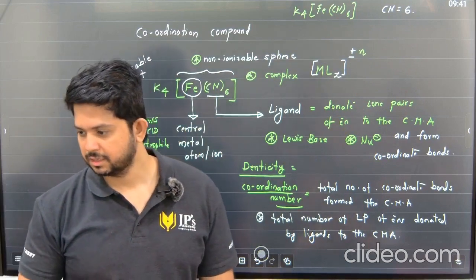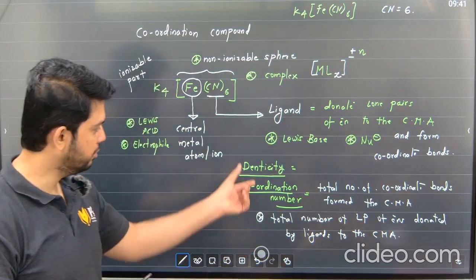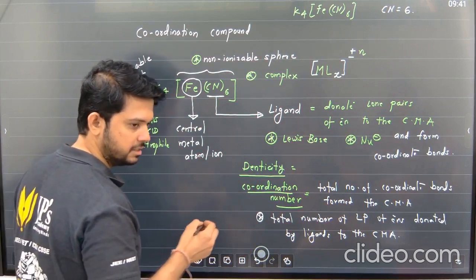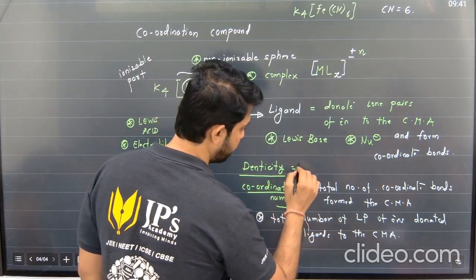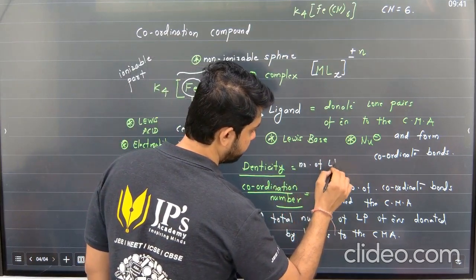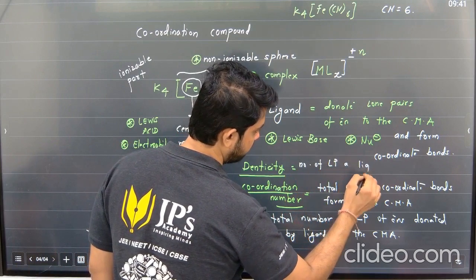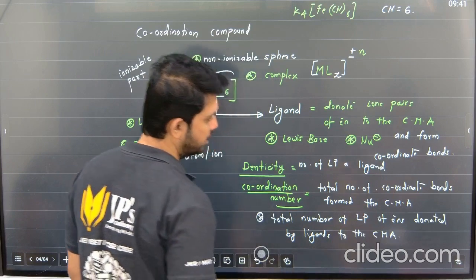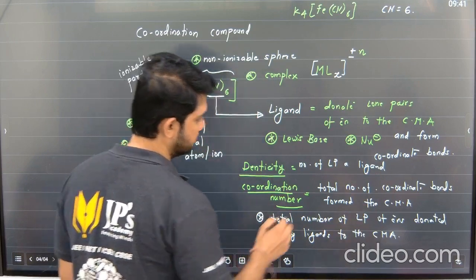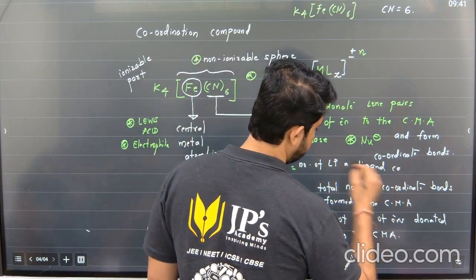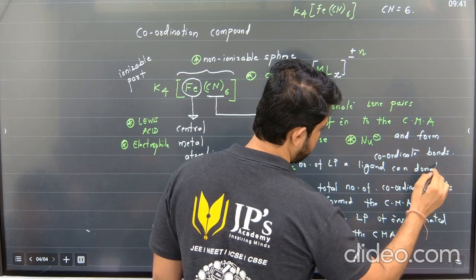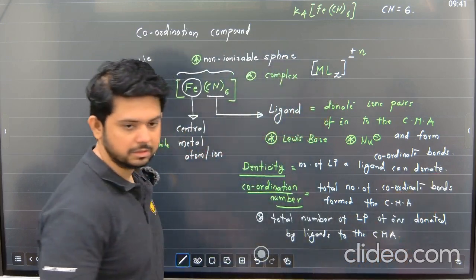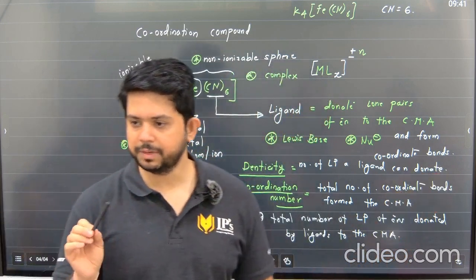With me so far? And I repeat, how do you define denticity? The number of lone pairs a ligand can donate. Correct. And we call that monodentate. We will do denticity in detail later. Denticity does not really depend upon the number of lone pairs.